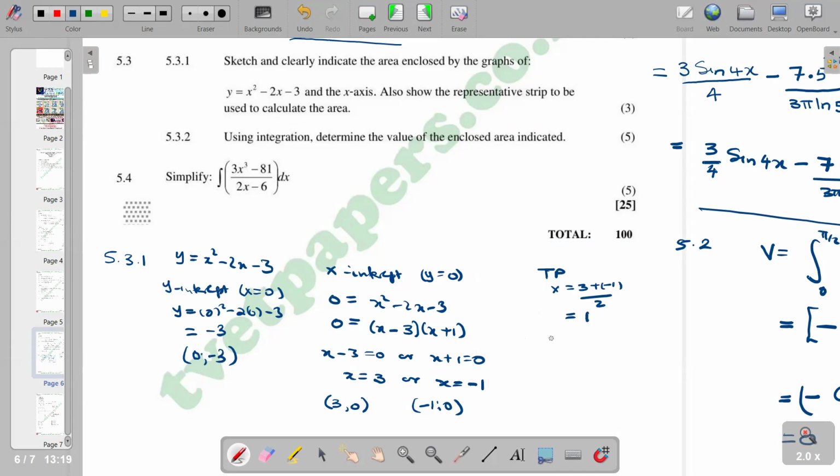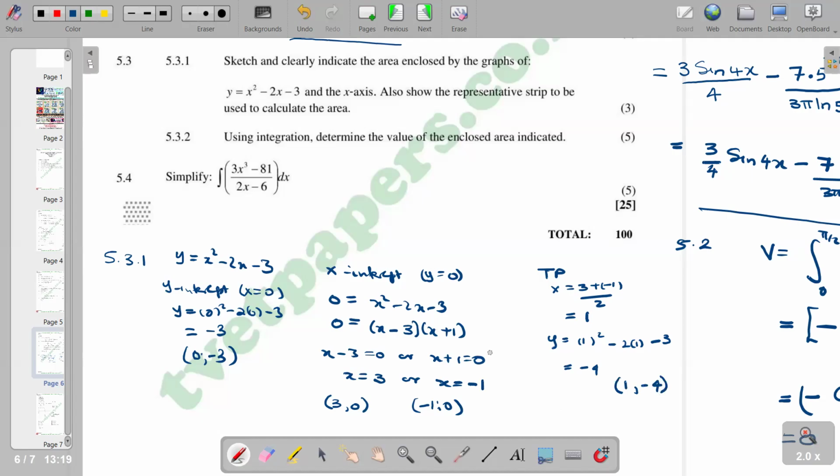Then to get the y value, we substitute the 1 in the equation. So it's 1 squared minus 2 times 1 minus 3. Simplifying this, we get minus 4, meaning the turning point is 1, negative 4.